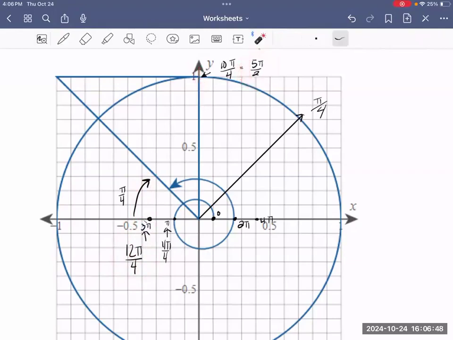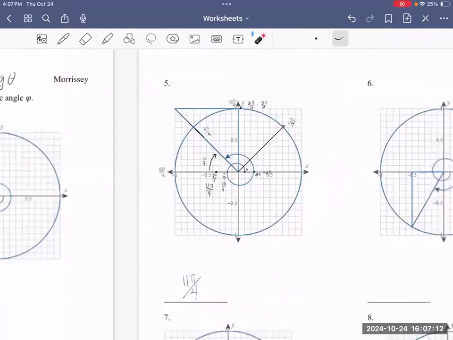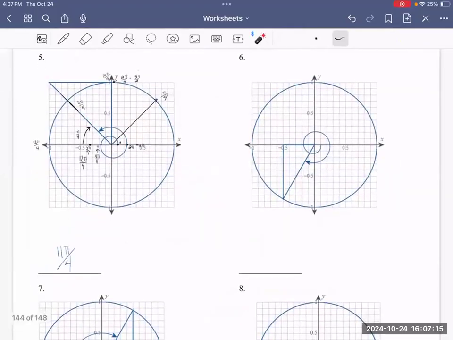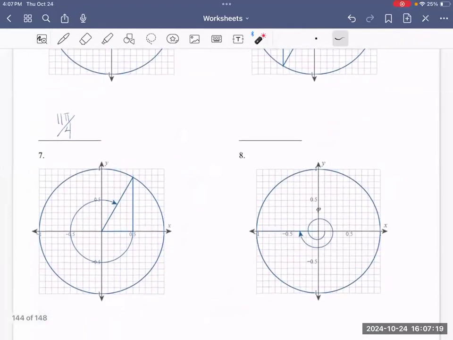We're between 12 pi over 4 and 10 pi over 4, which means your angle here must be the in-between number, 11 pi over 4. If it was down here, it would be 1 more than 12, making this 13 pi over 4. So that's just another way to visualize some of these values. Let's try it again with number 7.